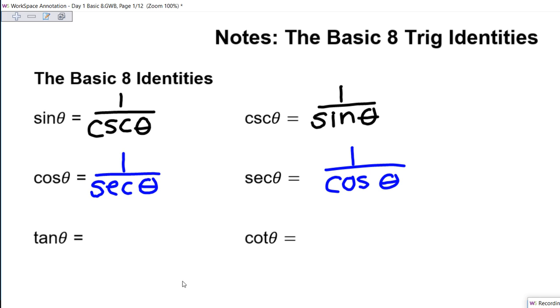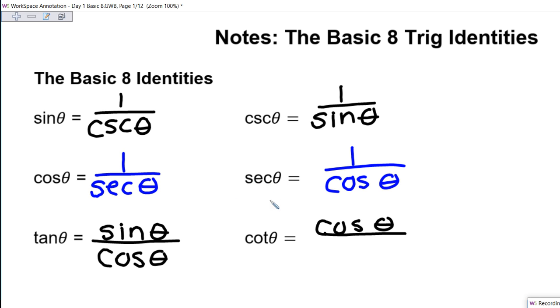And back to Unit 6, when we were talking about the unit circle, we said that tangent of theta is sine over cosine. And if I invert that fraction, cotangent is cosine over sine.